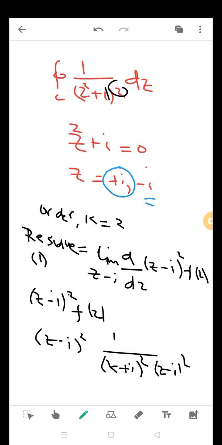So these two cancel, so we ultimately get 1 by (z plus i) whole square.